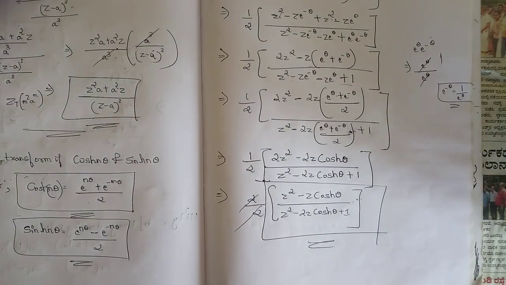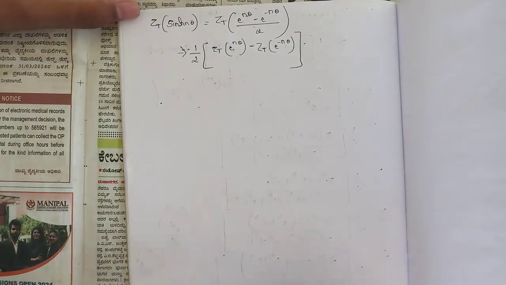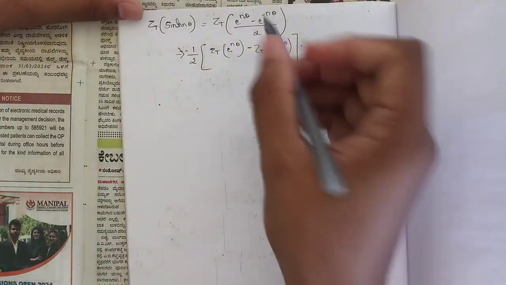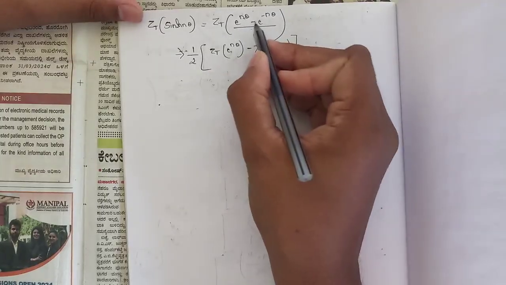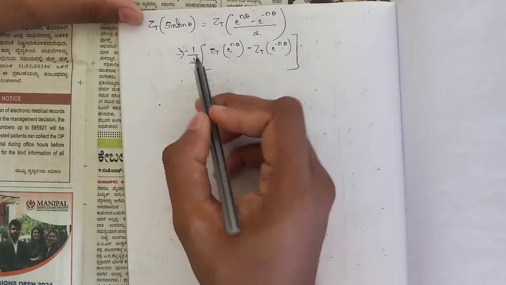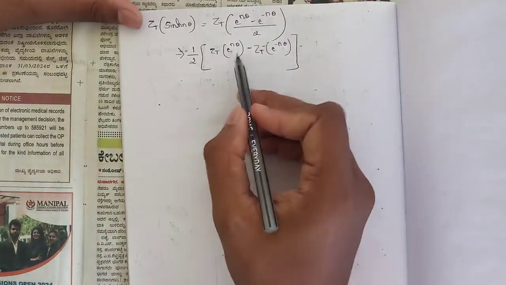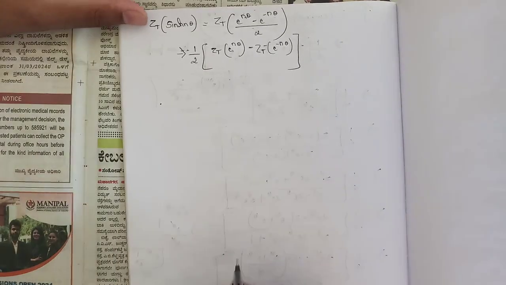Similarly we are going to do it for sin h n theta. So now we are going to do it for sin h n theta. The formula for sin h n theta is given by, there is no change at all. In case of sin, in place of plus we need to write it as minus. And now again I have taken 1 by 2 outside and I have split the z transform by using the linear property, and in the last problem there was plus, so now it becomes minus.